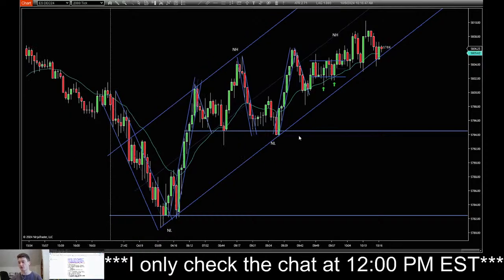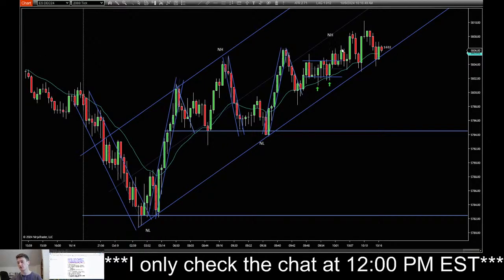I don't know if this uptrend is correct or not, and honestly I don't really care if it is. Prices are clearly, again, just holding this EMA, so there might be a second entry long there.